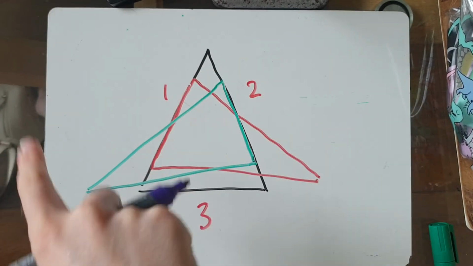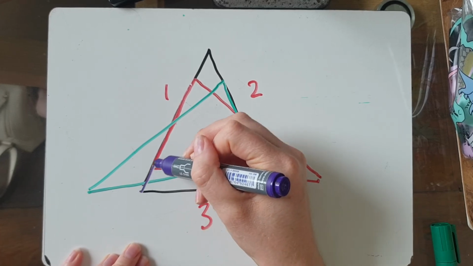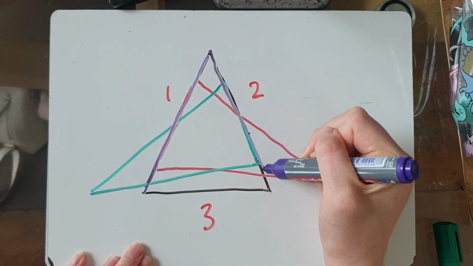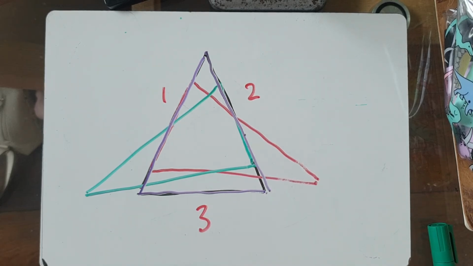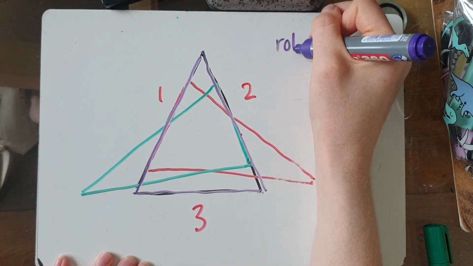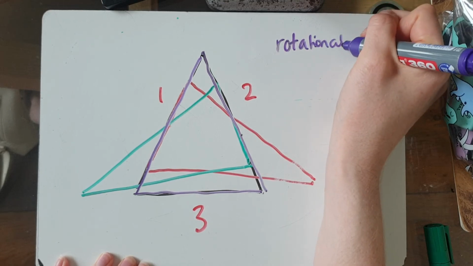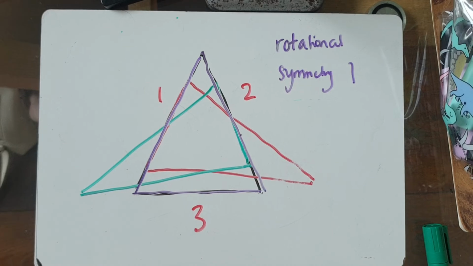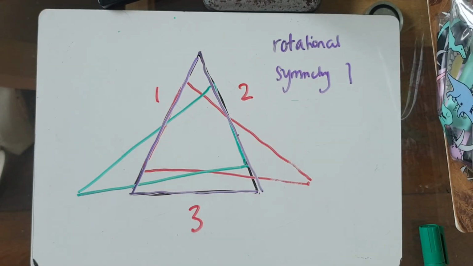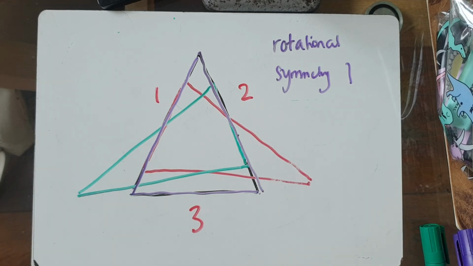However, if I rotate it all the way around so that we get back to the beginning, it will sit perfectly on top of itself. So this has rotational symmetry of 1, because in a whole 360-degree turn, it only sits perfectly on top of itself once.